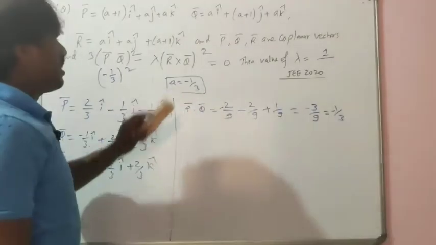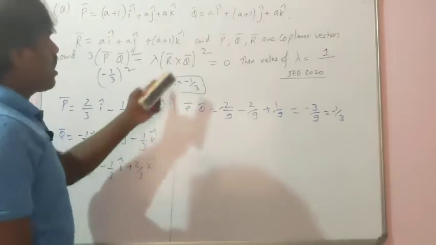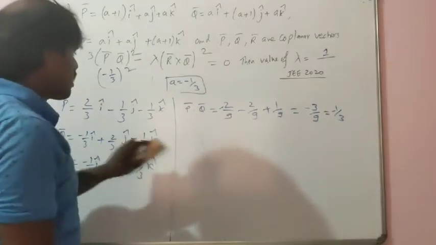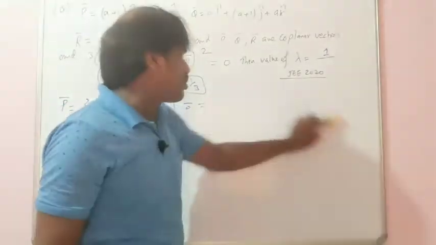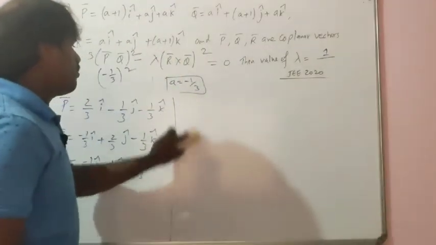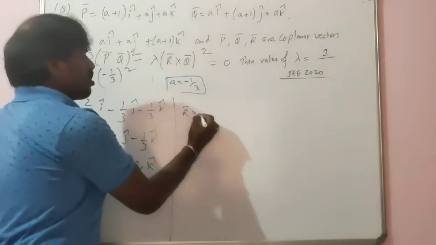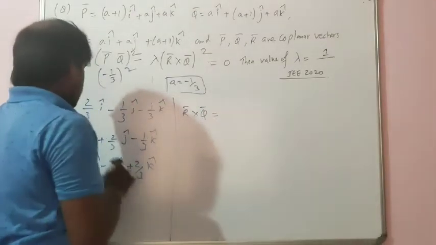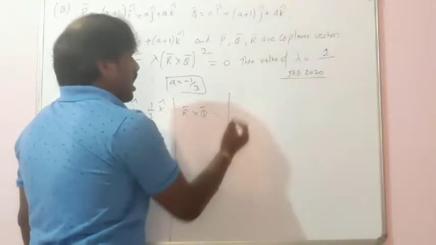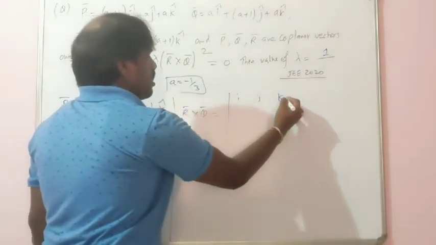Now the a value, minus a. So what do I have to get here? r cross q. So let us find r cross q. r cross q is nothing but the determinant of i, j, k.